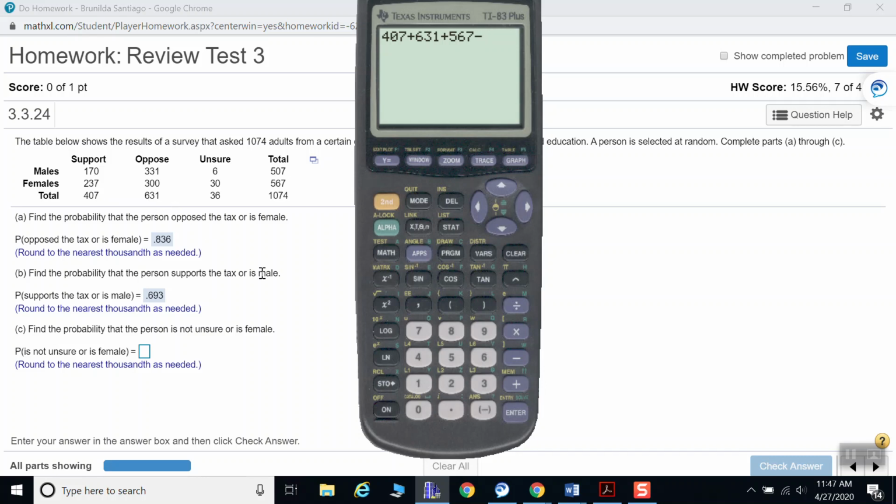So I have to subtract the 237, and I have to subtract the 300, and I also have to subtract the 30, because that is part of the unsure. So this is my numerator, and I have to divide it by the overall total, that is 1,074.